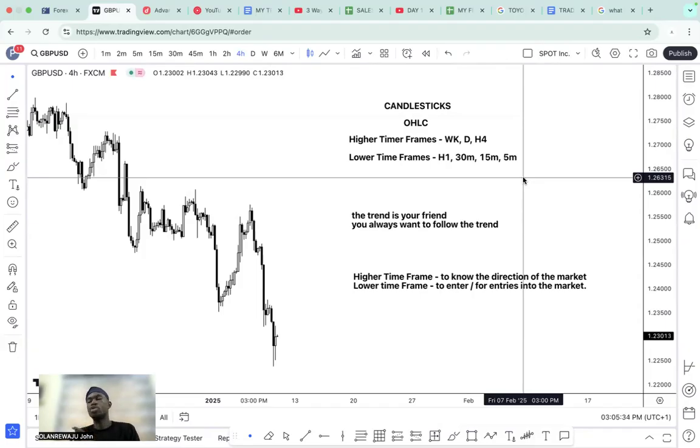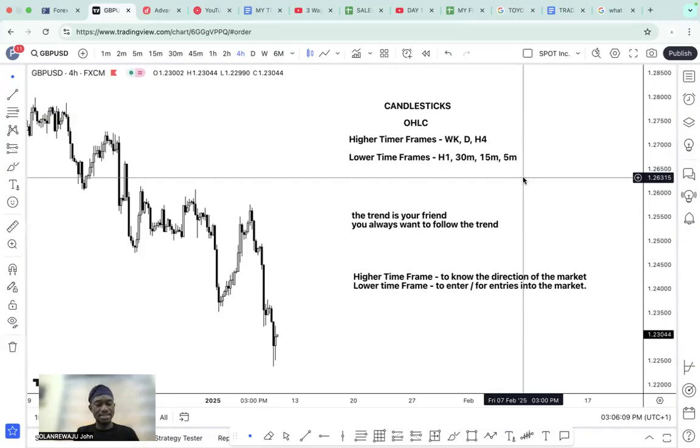But the most important is that the opening price is the price that the asset opened at for that trading period that you are considering. It could be 1 month, 1 week, 1 day, 4 hour, 1 hour, or 1 minute. The high is the highest price it got to. The low is the lowest price it got to. And then the close is where it finally closed.